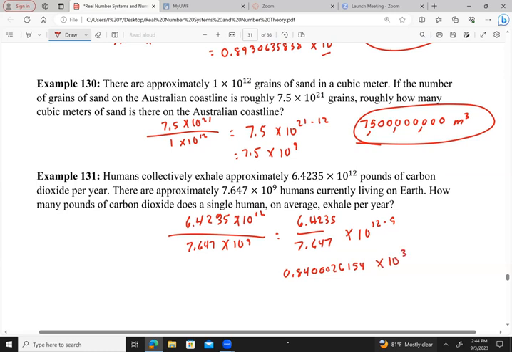So here we would move our decimal place 3 places. We get 840.00. We'll stop there. So 840 pounds.